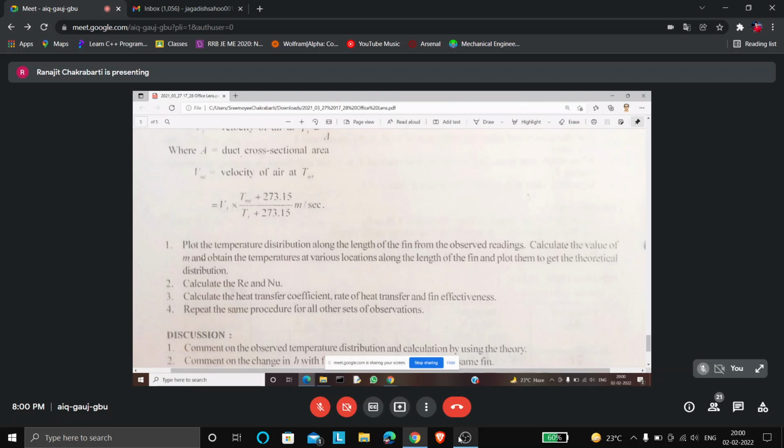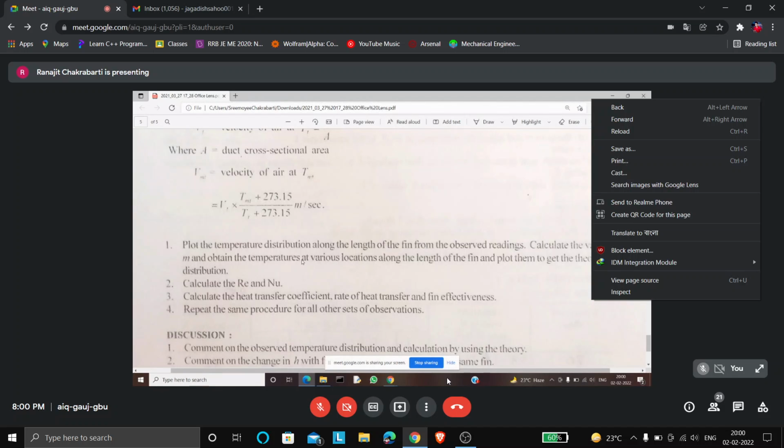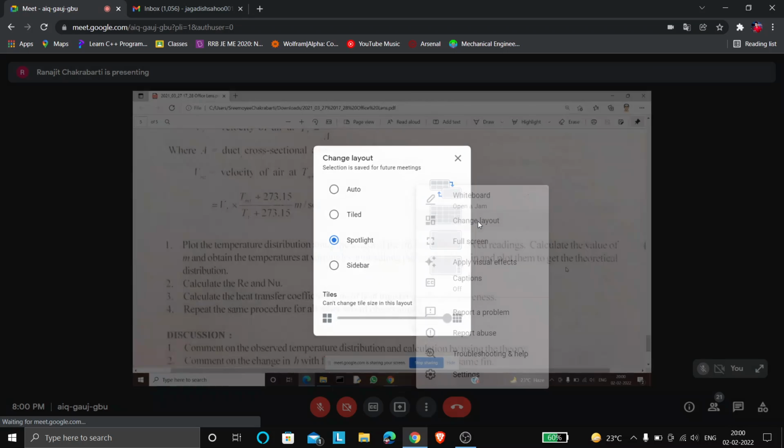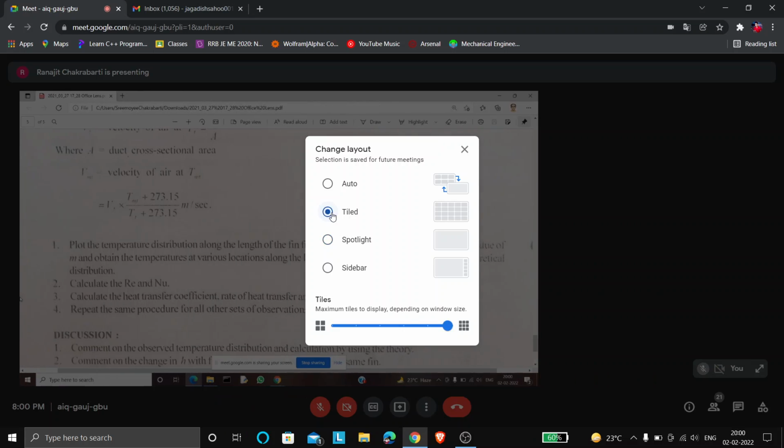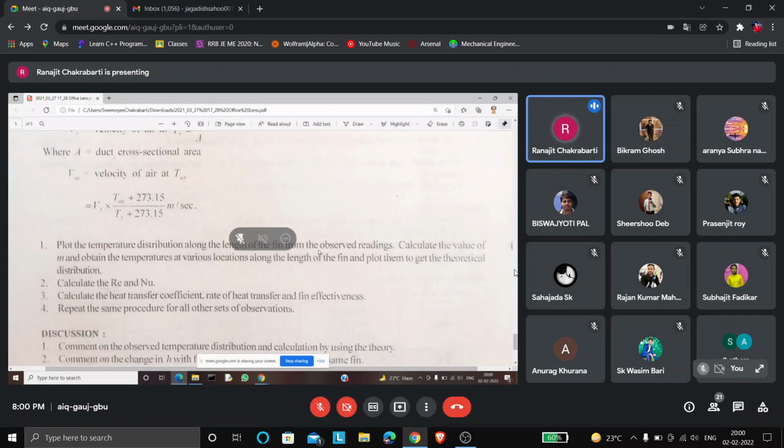M value you have to find out, root over hp by kA, and obtain the temperature at various locations along the length of the fin. Knowing the value of m, from the solution which we have got, for different values of x, you can find out the temperatures at different values of x, plot them to get the theoretical distribution.